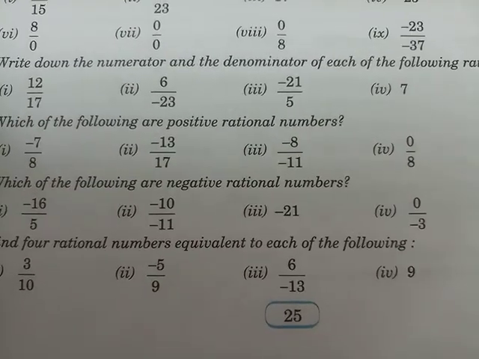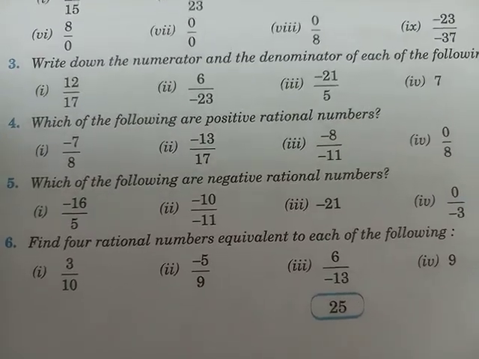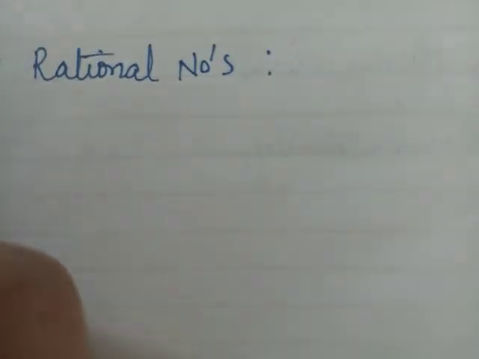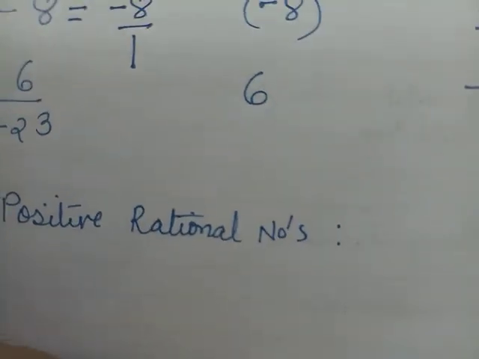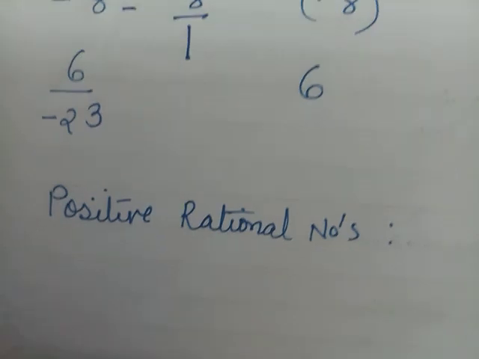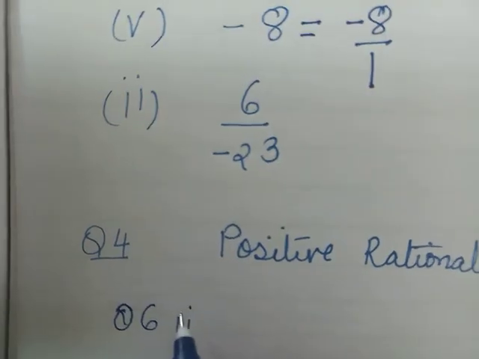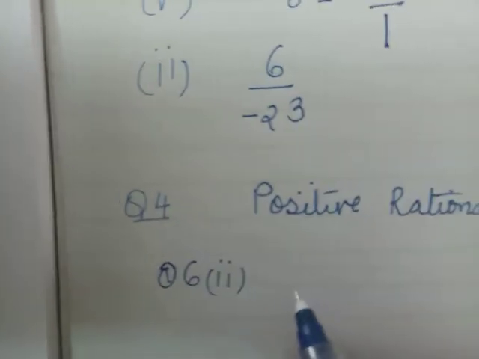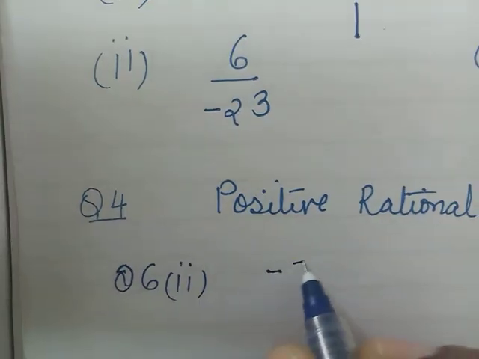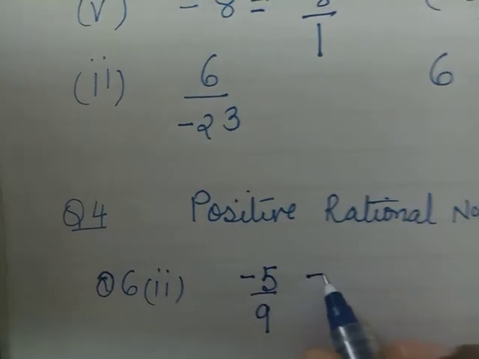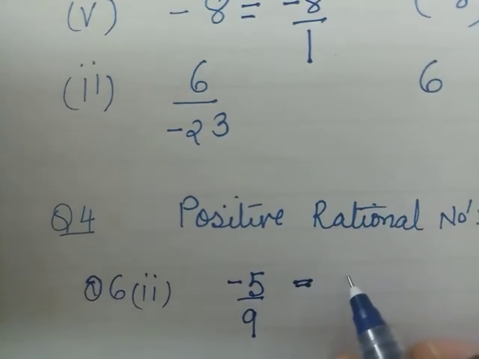I write question number 6 second part for you. It is given minus 5 by 9, and we are looking for 4 equivalent rational numbers.